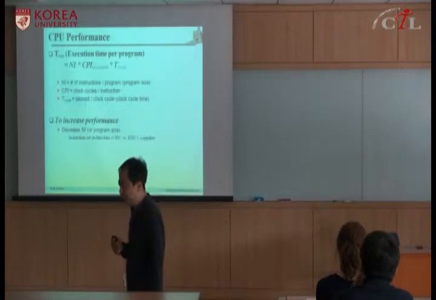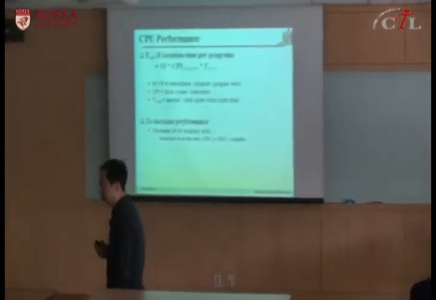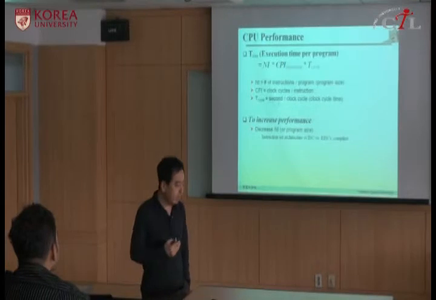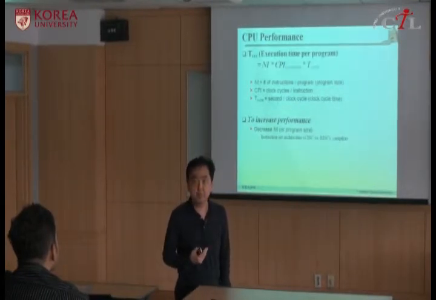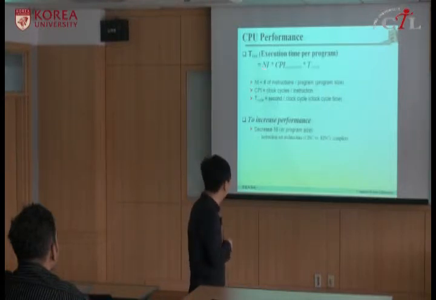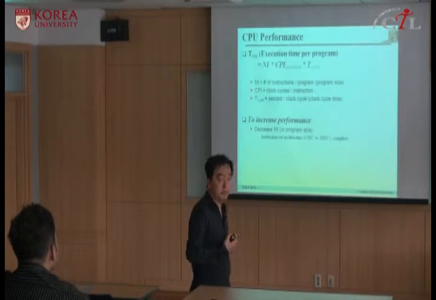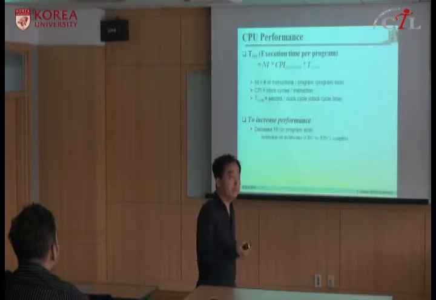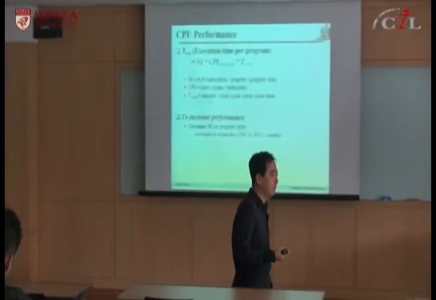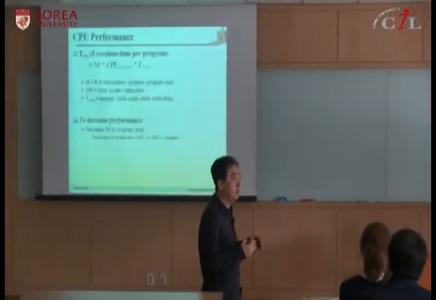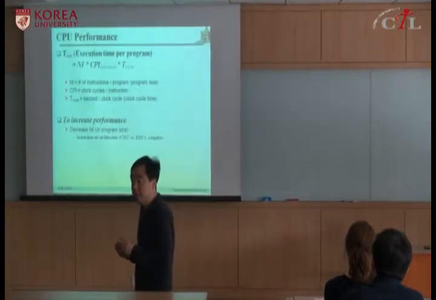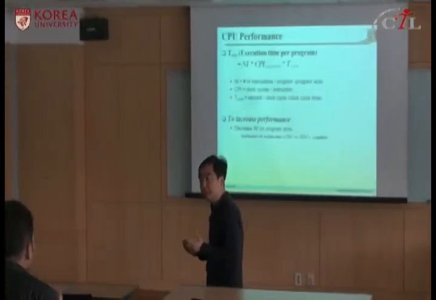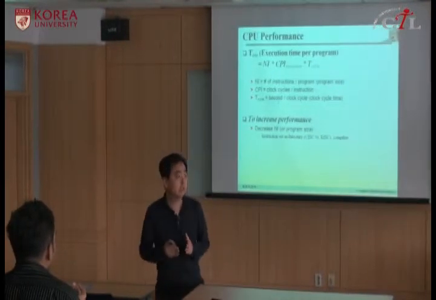Processor execution time can be expressed by three components. If you want to improve computer performance, you have to improve in three aspects. The first factor is called program size. You have to reduce the program size. It depends on the instruction set architecture. For CISC, you can produce a smaller program, but for RISC, you can make the machine simpler, but the program tends to be larger because you have a limited number of instructions.